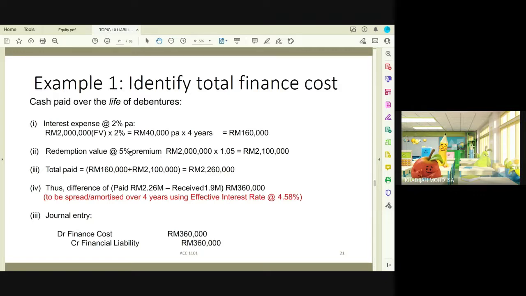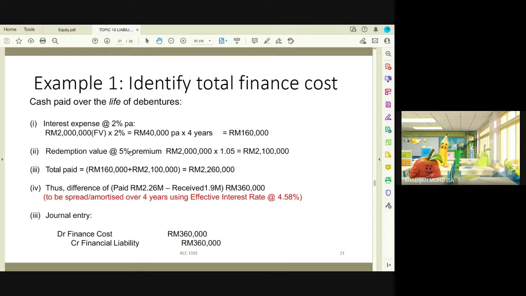The redemption value at 5% premium would be 2 million times 1.05. Why is it 1.05? Because it's at a premium. If at a discount, then it will be 0 point something. 1 is always the par value. So anything above 1 is at a premium, and anything below 1 is a discount.